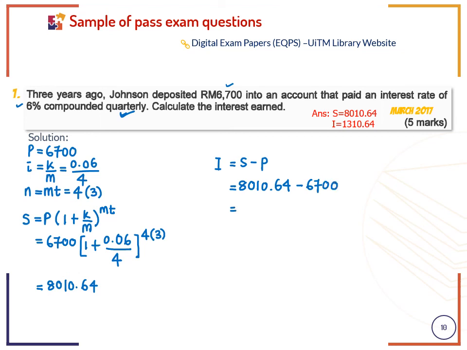Interest earned is equal to 1,310 ringgit 64 cent.